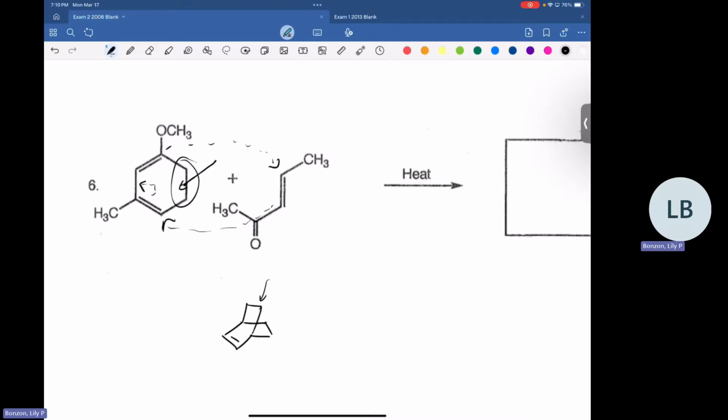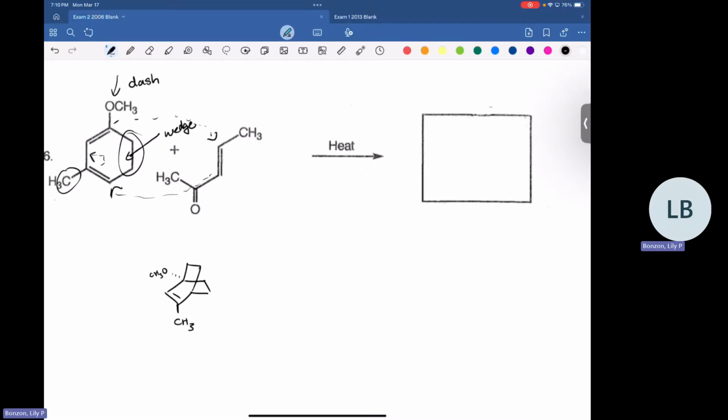In this case, it's just shown by that 3D structure. And then on the outside, this is going to be on the dash. So this carbon, we have an OCH3. And then this carbon, it's still an sp2 carbon, so we don't need to draw a wedge or dash.